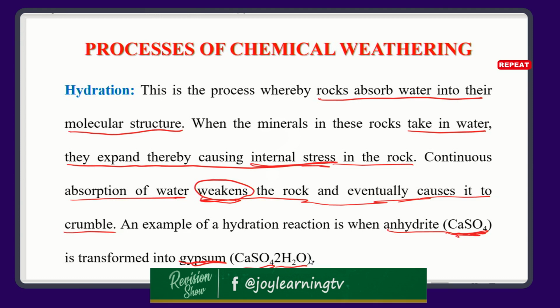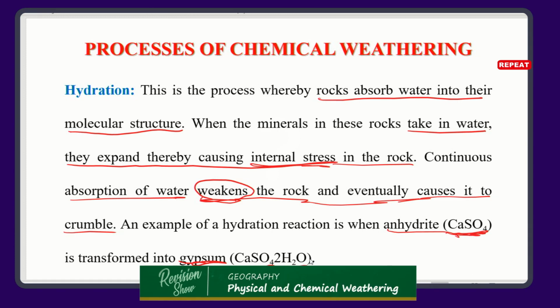So it tells you that, yes, indeed, the chemical composition of the rock has changed. And it tells you that this is chemical weathering. Unlike physical weathering, where if it is probably granite, it is the same. Here, under chemical weathering, it changes from anhydrite to gypsum. Are we good to go?